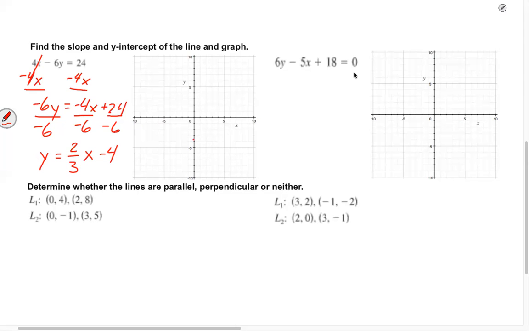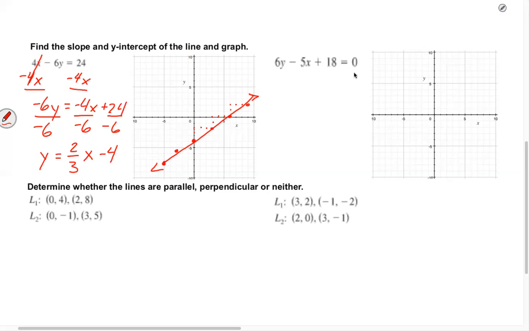So I start at -4, and I go up 2, to the right 3, up 2, right 3, up 2, right 3. And there we go. So basically, the key is get y by itself.